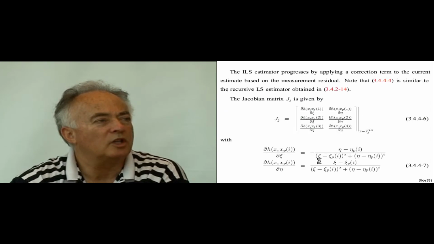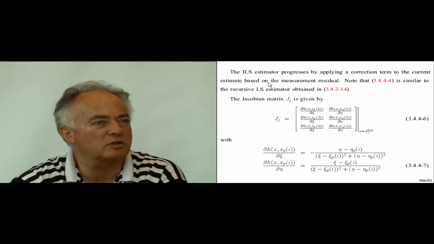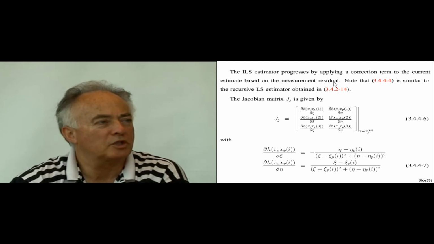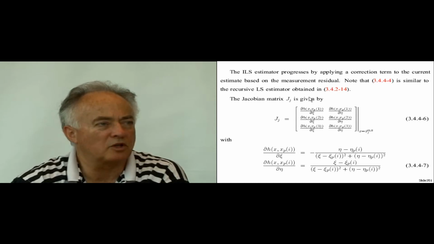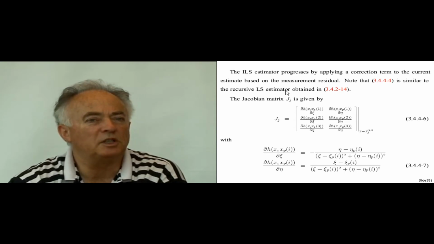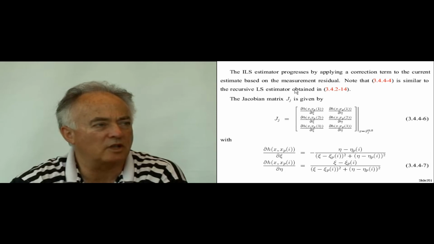Now, the iterated least squares estimator will progress by applying a correction term to the current estimate based on the measurement residual. The iterated least squares is similar to the recursive least squares, but it really reprocesses the entire data.